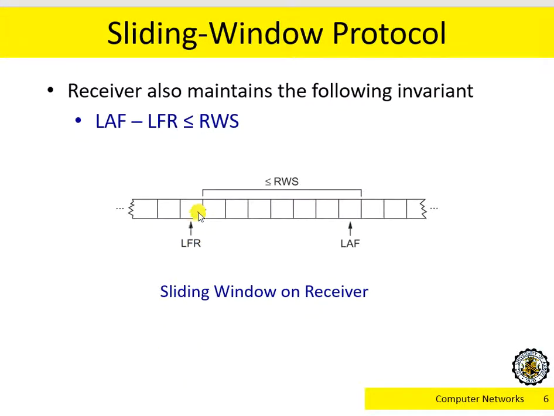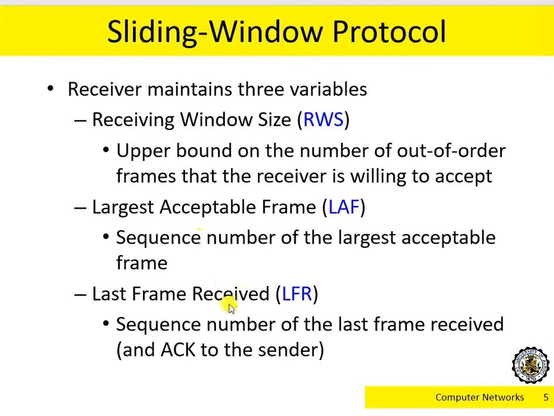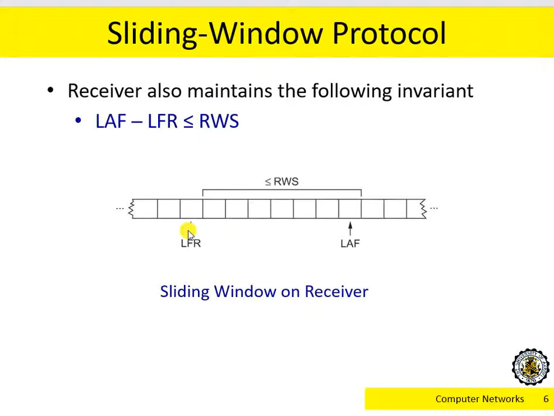I think it's easier to explain like this. Here is the last frame received, basically the index of the frame you already sent the acknowledgement for. And here is the upper bound, the last frame you can accept.